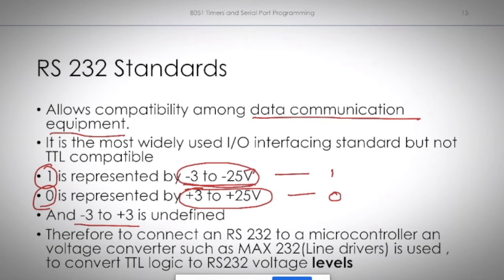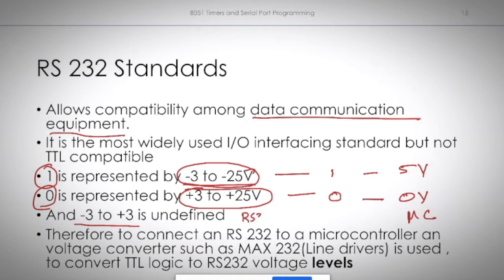Now, the microcontroller that you are using uses TTL logic. TTL logic means for a microcontroller, 1 is represented by 5 volt. I'm telling you an approximate value, not exact. There is a range actually, 3.7 volt and above. And a 0 is represented in a microcontroller by 0 volt, or ground. This is for the microcontroller, whereas this is for the RS232 compatible device.